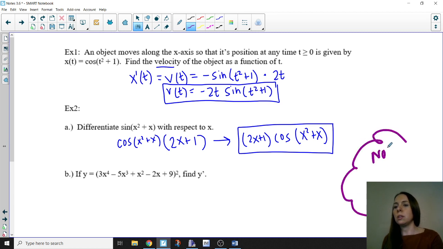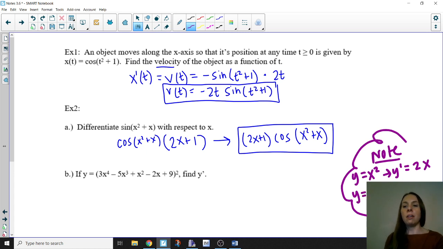Note. We know that if y equals x squared, then y prime is 2x, right? Well, watch this. I'm going to express this a little bit differently. I'm now going to write y equals u squared.